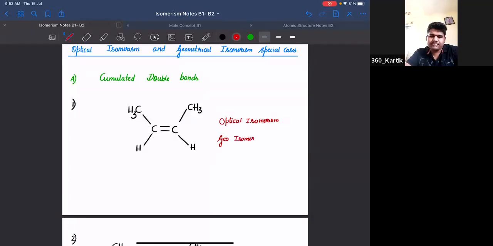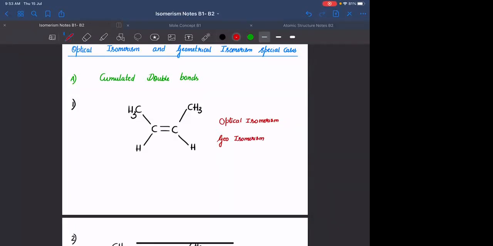Yes, because you have a double bond. There is restricted rotation about the double bond. Here CH3 and here CH3 are both on the same side, so this is cis. You can have both the CH3s on opposite sides in the trans form. There will be no optical isomerism here, but there will be geometrical isomerism.